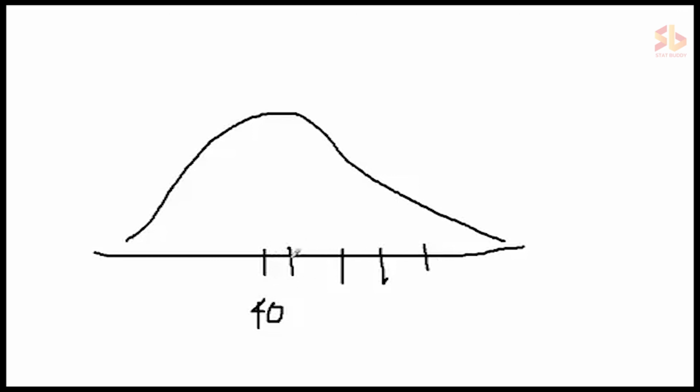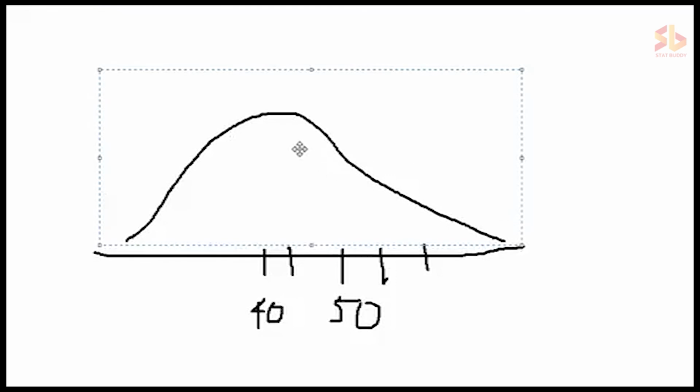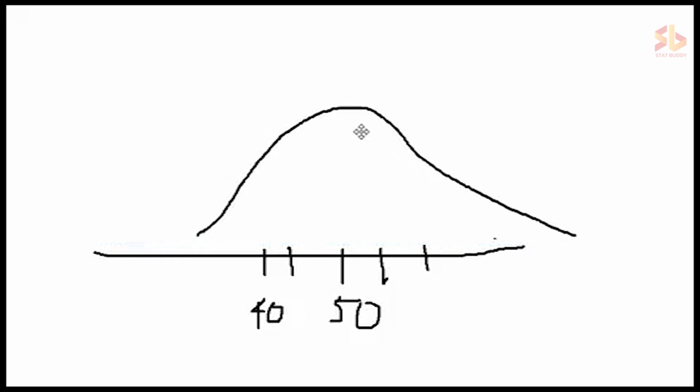Suppose it is 40, so this is the distribution. If it is 50, then the same distribution is moved towards this side, and now the middle of the distribution is 50.